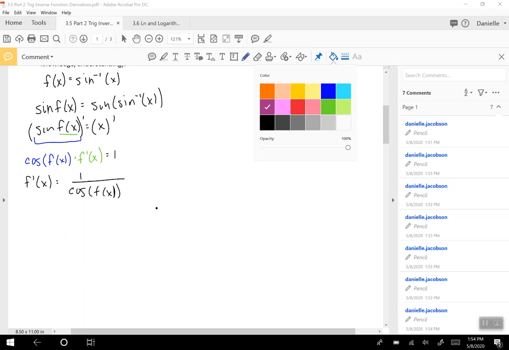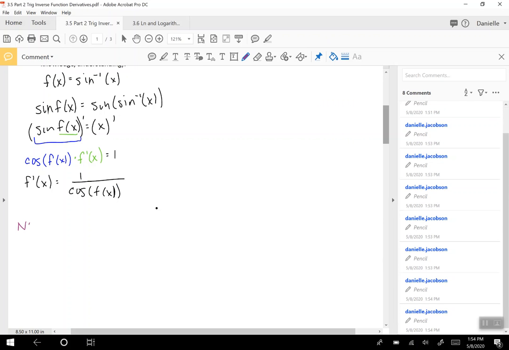So let's note that f of x was equivalent to the sine inverse of x. All right, so after noting this, we have to realize, well, what is the sine inverse?